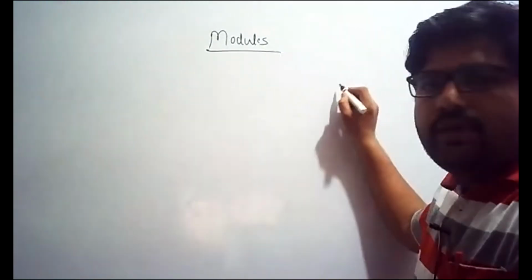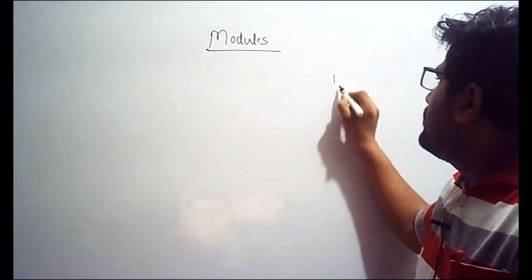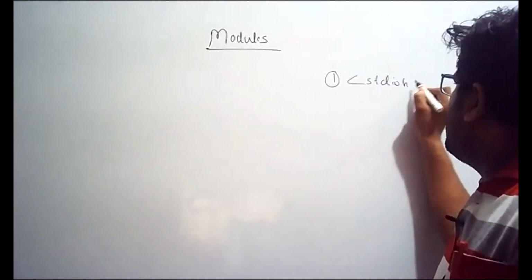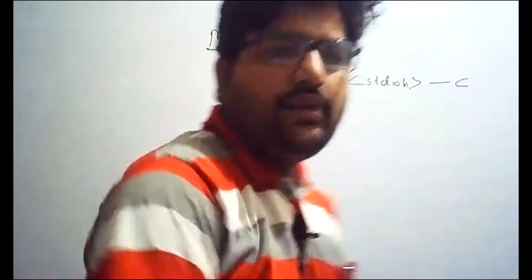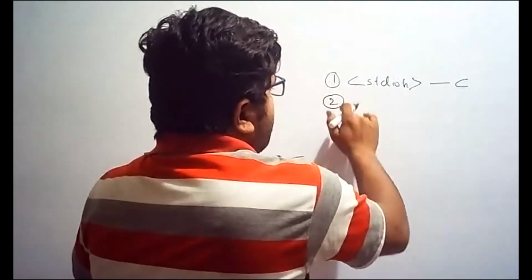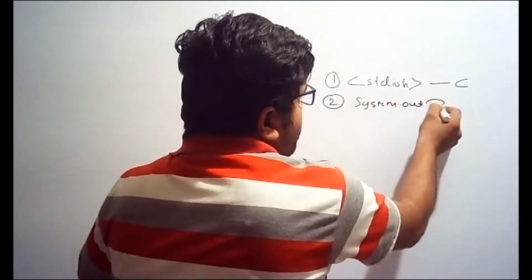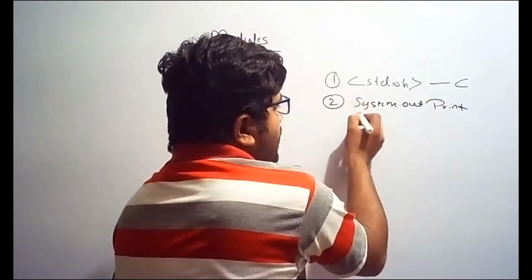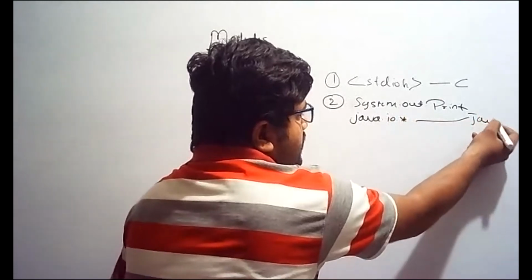Before going to the modules, let us look at other things. The first one is stdio.h, which we use in C. In Java we write System.out.print, and Java.io.star is used in Java.